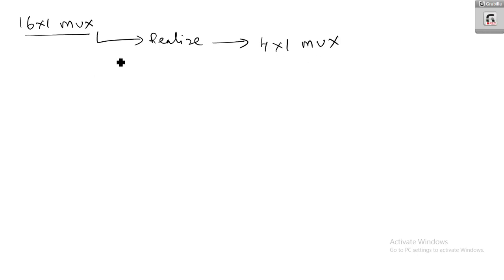If you look at the ratio of division, you can directly say that we require 4 muxes. But whether that is right or wrong, that is the next question.